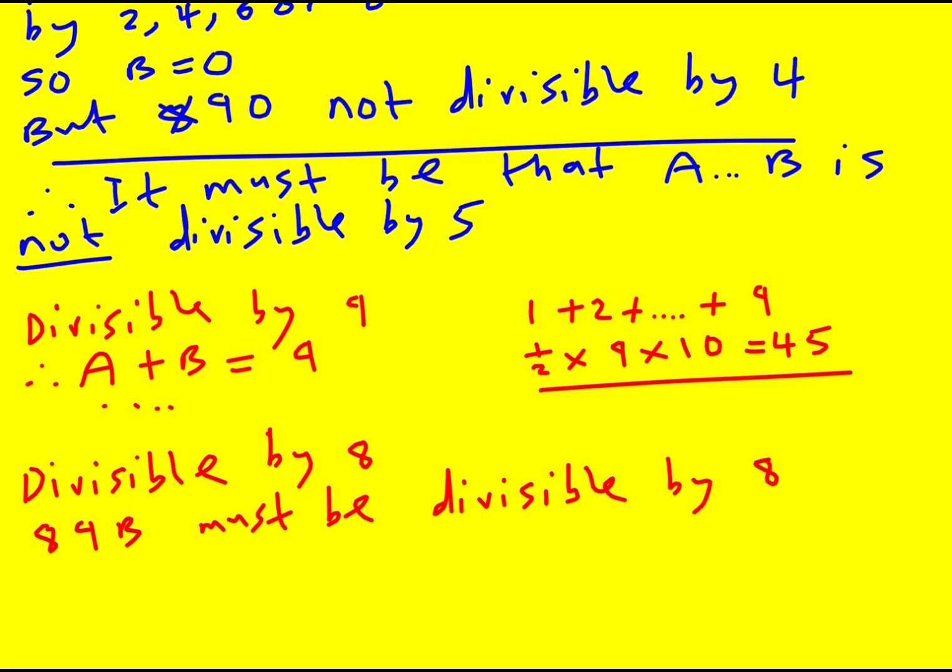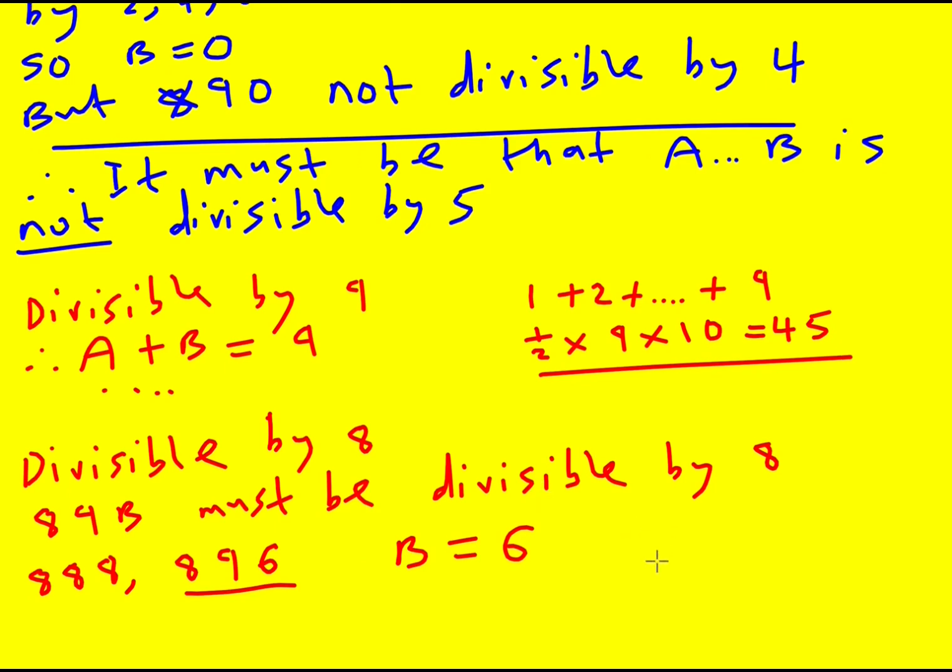Well, 888 is clearly divisible by 8. And then 896 must be as well. And then it's going to be beyond that. So we must have B equals 6.